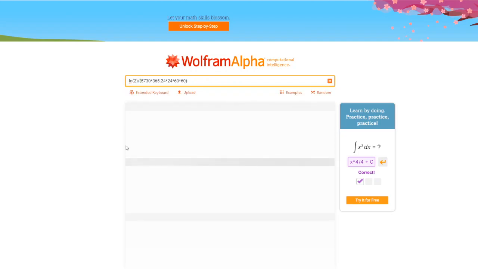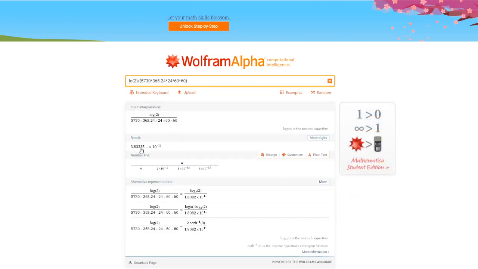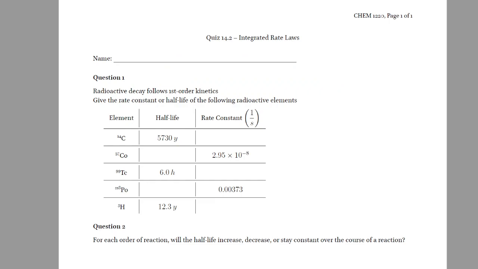I hit enter, we'll let the calculator do its work, and it looks like our result here is 3.83 times 10 to the negative 12th. That would be in units of inverse seconds. Going back to the PDF, we have cobalt-57. Its rate constant is 2.95 times 10 to the negative 8th inverse seconds.